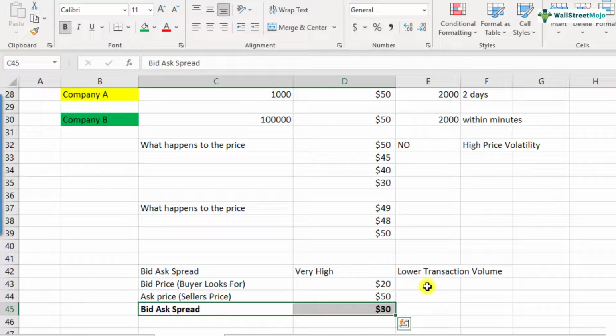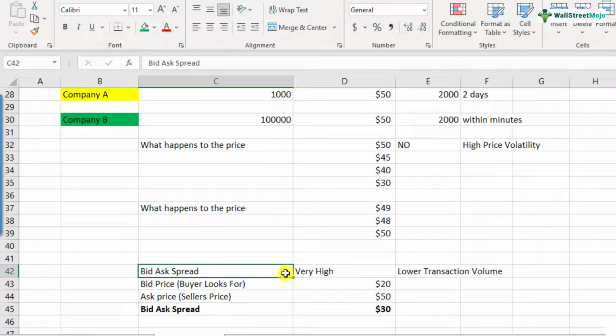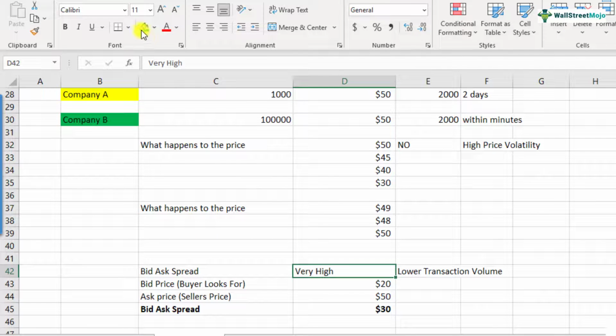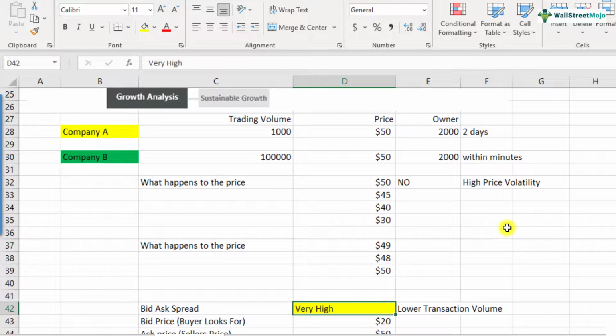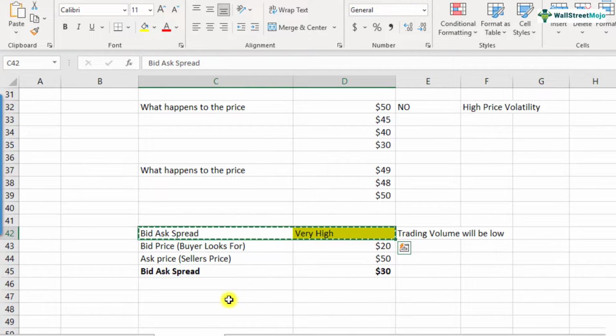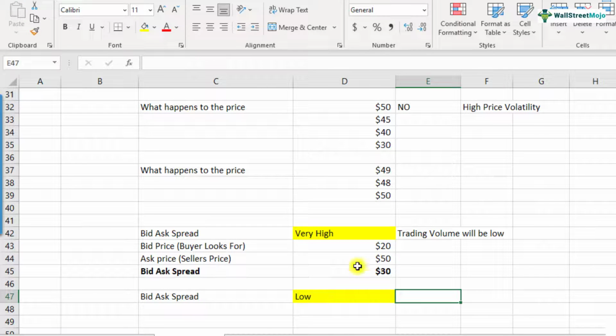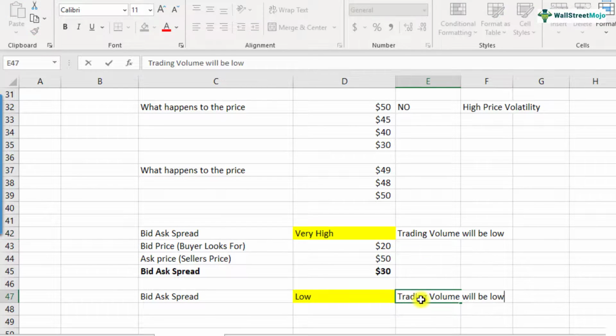In that case, there will not be many sellers and buyers altogether, and the transaction volume will be very low. When we see that the bid-ask spread of a specific stock is very high, you can safely assume that the trading volume will be low. And if the bid-ask spread is low, the trading volume will be higher.